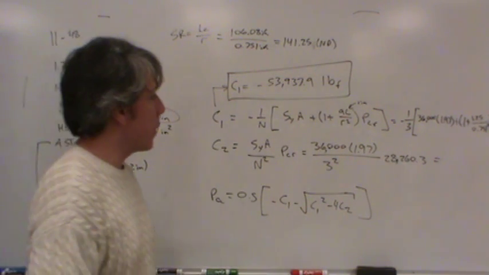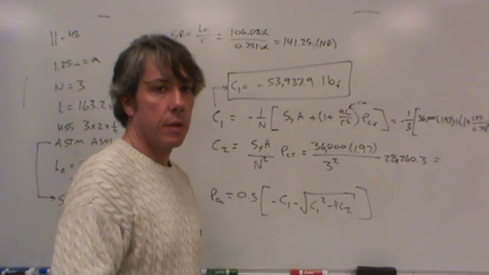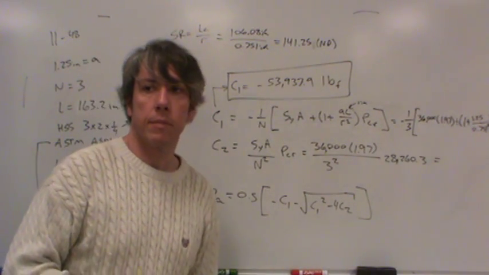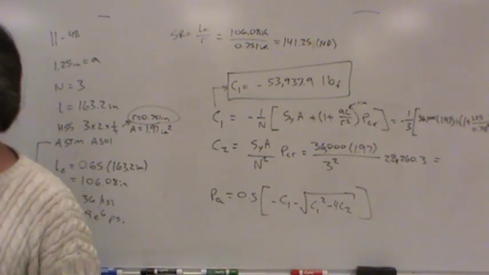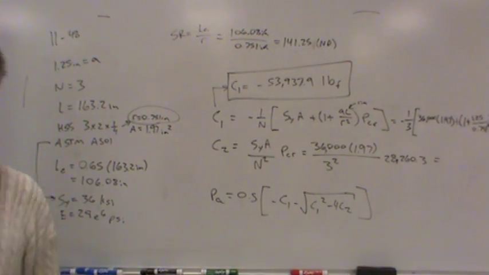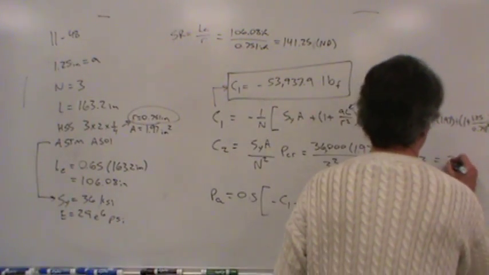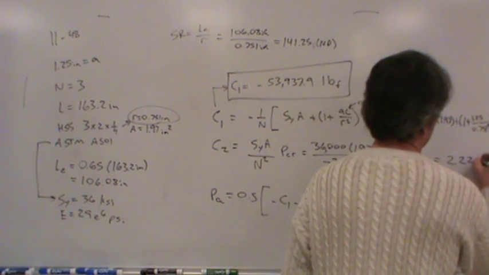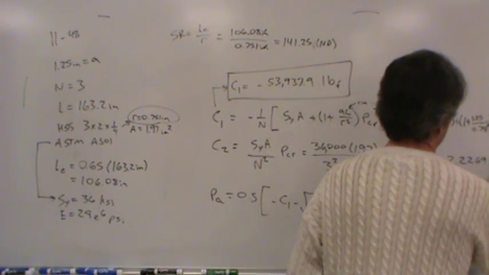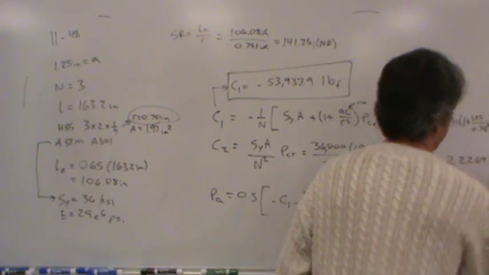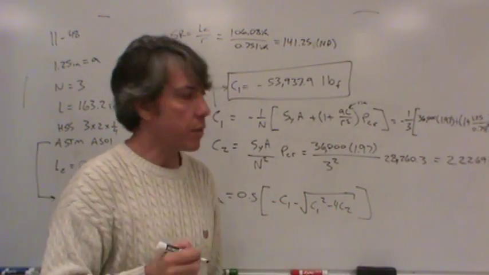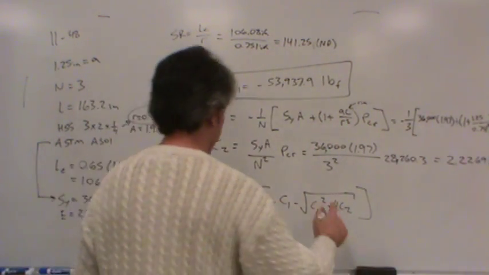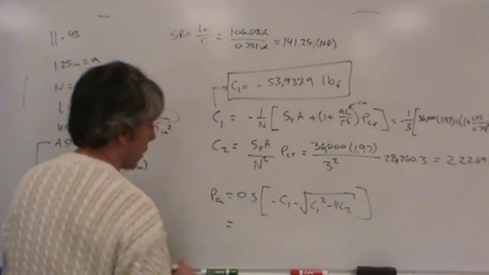I'm going to have units of pounds force squared. 2.2 times 10 to the 8th. Can you give me a few more decimal places? 2.2269 times 10 to the 8th, and that would be pounds force squared. Anyone second that?